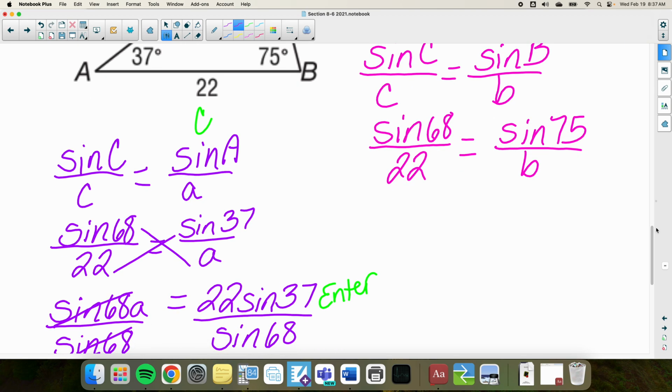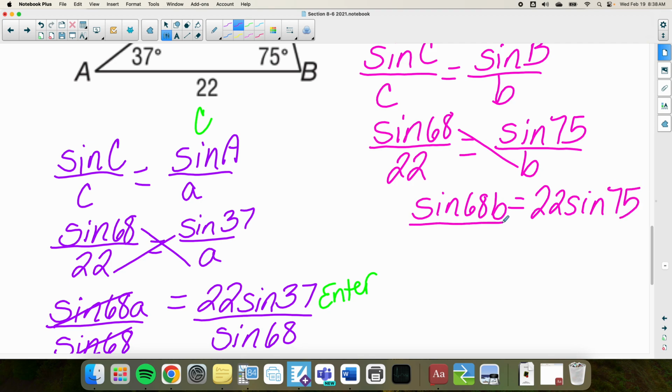So now when I do cross products here, I have sine 68 b equals 22 sine 75, and then I have to divide by sine 68. The only thing you have to be careful of again is to make sure you hit enter after sine 75.